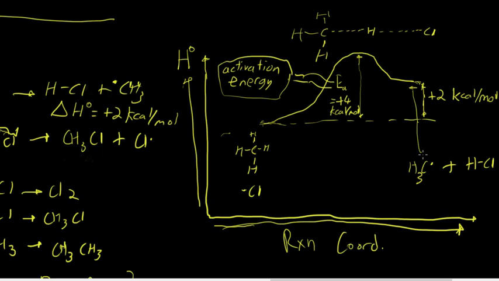Now, what if we're interested in the rate limiting step in the reaction rate for the chlorination of ethane? So we need to figure out what's the rate limiting step in that reaction.